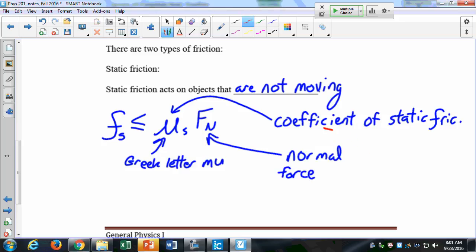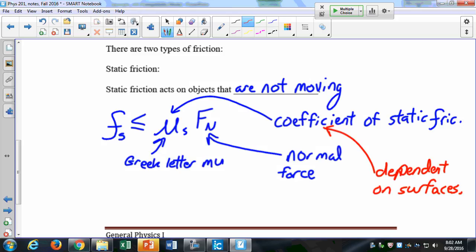The coefficient of static friction is dependent upon the surfaces. And so if I have different surfaces, they'll have a different coefficient.